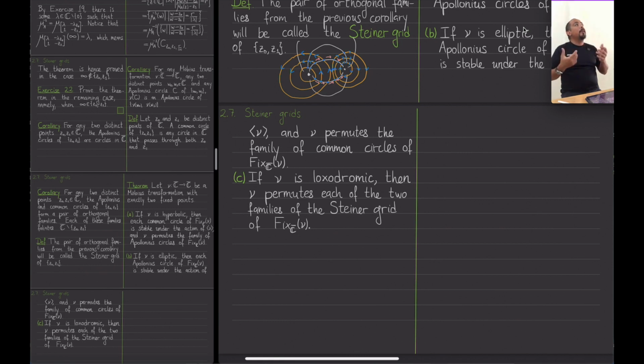Just think again about the picture of 0 and infinity, a homothety followed by rotation. So it's clear that an Apollonius circle of 0, infinity goes to another Apollonius circle of 0, infinity, and a common circle goes to another common circle, right? Well, that's what happens: in that case, nu permutes both families.